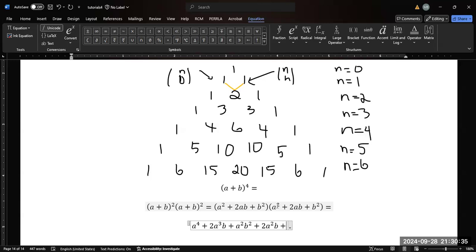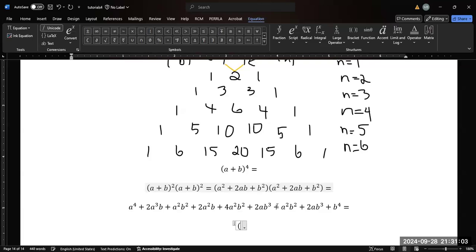And then 2ab times 2ab is 4a squared b squared. And then 2ab times b squared is 2ab cubed. And then b squared times a squared is a squared b squared. And b squared times 2ab is 2ab cubed. And b squared times b squared is b to the fourth.